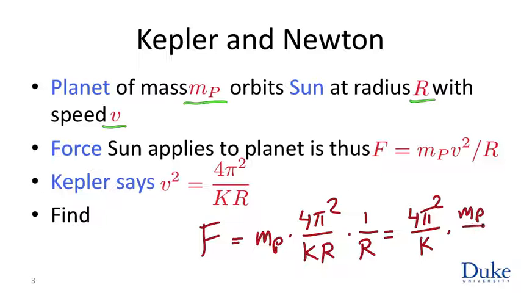Why is this a way to write it? Because the mass of the planet is a property of the planet. R is something that changes between different planets. 4 pi squared over k is the same for all planets. So let's see what we do with this.